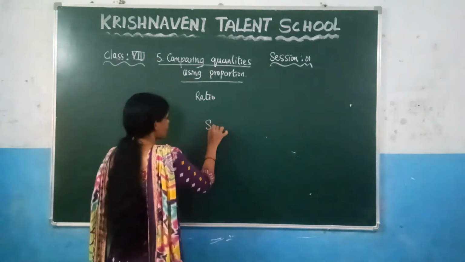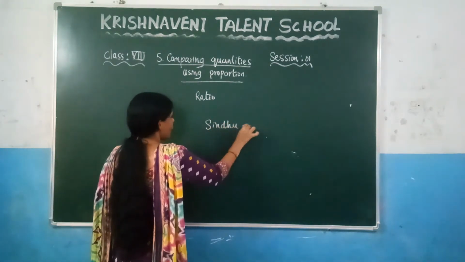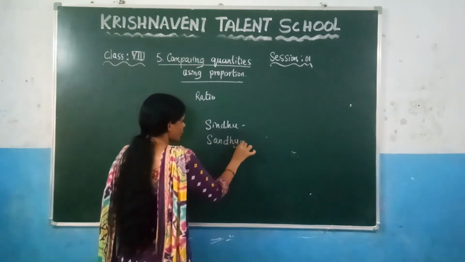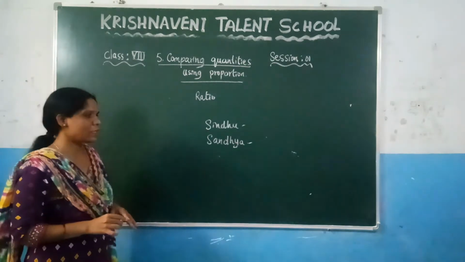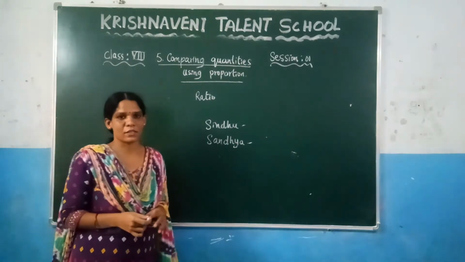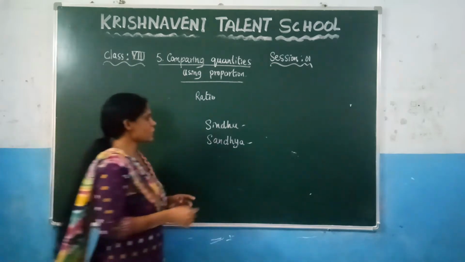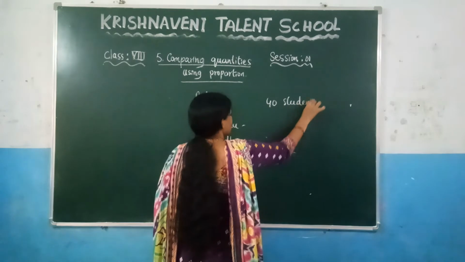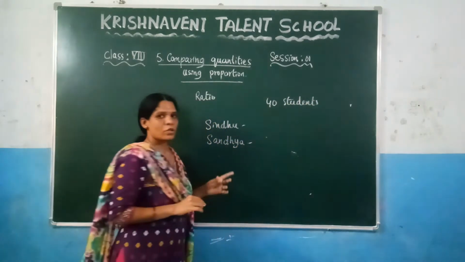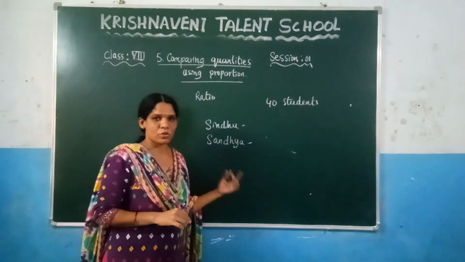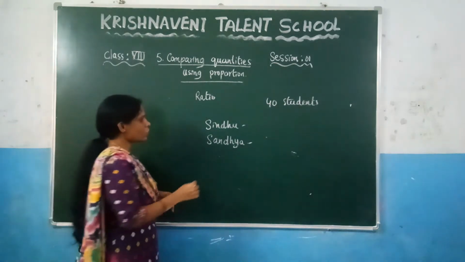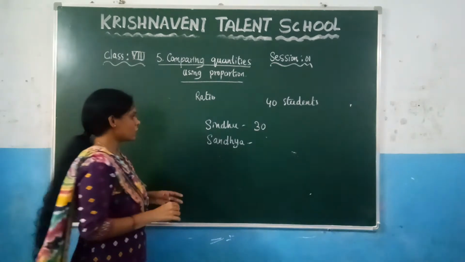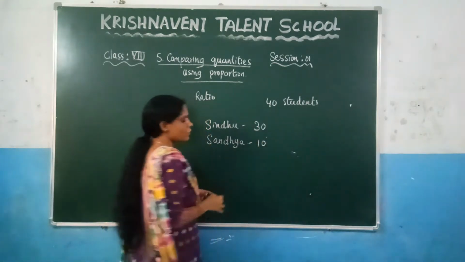Let us suppose there are 40 students in your class. Those 40 students gave votes to these two people, and Sindhu got 30 votes and Sandhya got 10 votes.